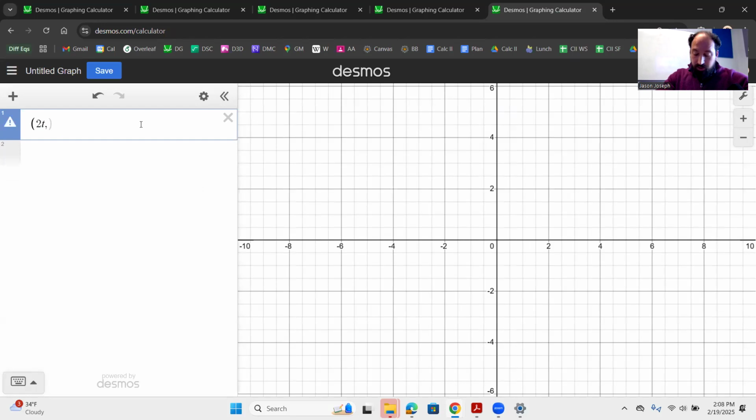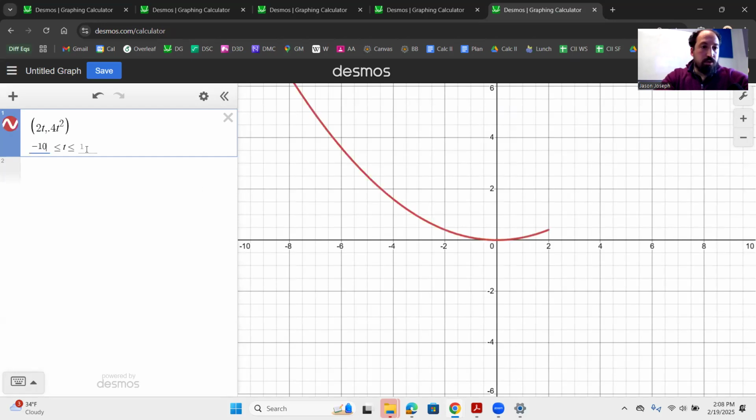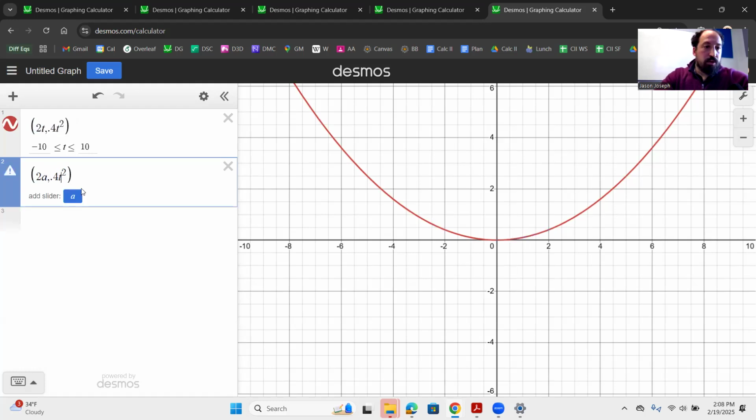So x of t was 2t and y of t was 0.4 t squared. Now this is graphing the parametric curve, and you can increase the domain for time t if you want. And what's very cool is if you copy this again, replace all the t's with the same letter and add a slider, you can now move this around.